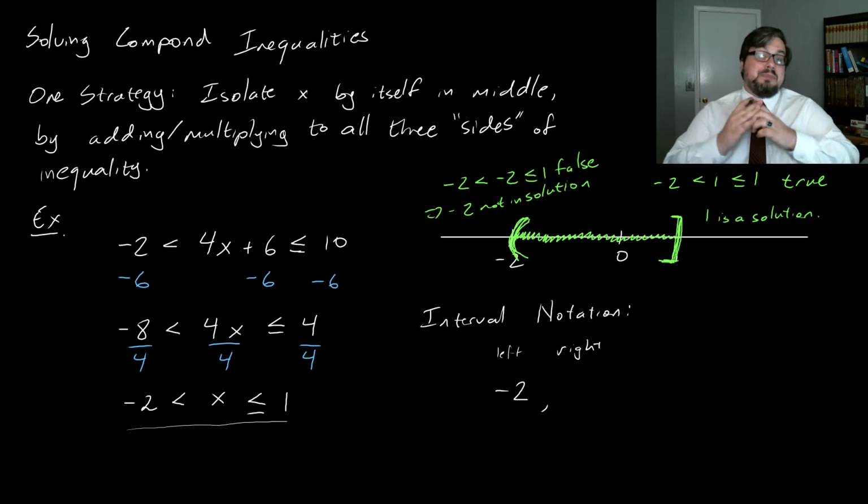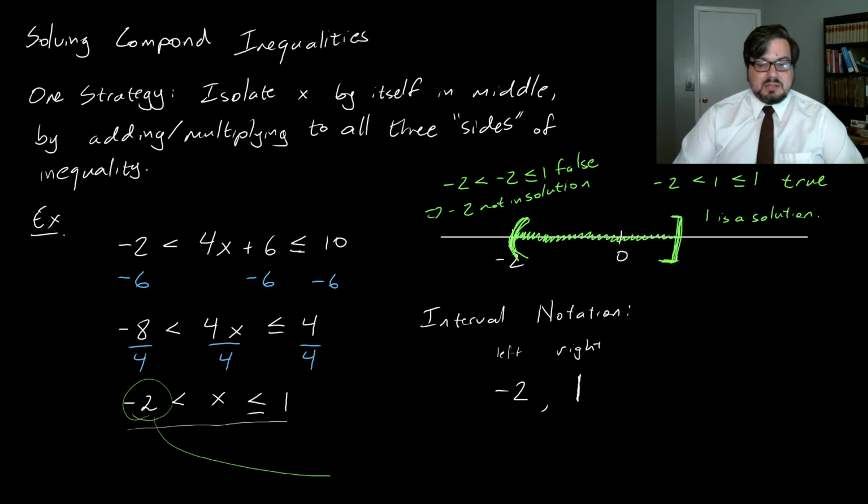X always has to be bigger than -2. So -2 is the number that controls how small x can be, how negative it can be. And then we ask, all right, what's the boundary on the right? What controls how big x can be? And the number on the right that controls that is 1. So the two numbers that come from your compound inequality show up in your interval notation.